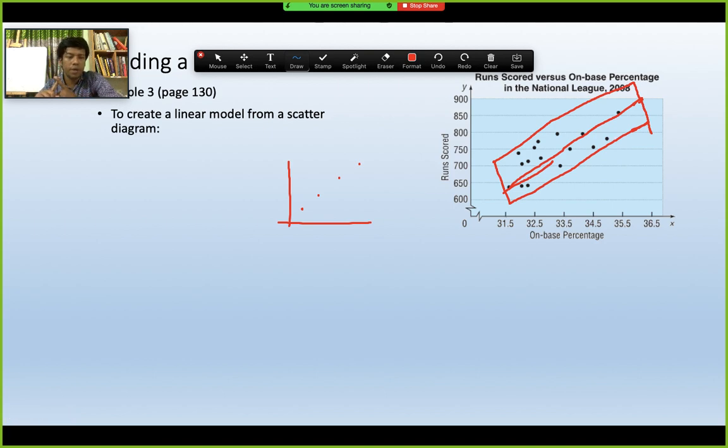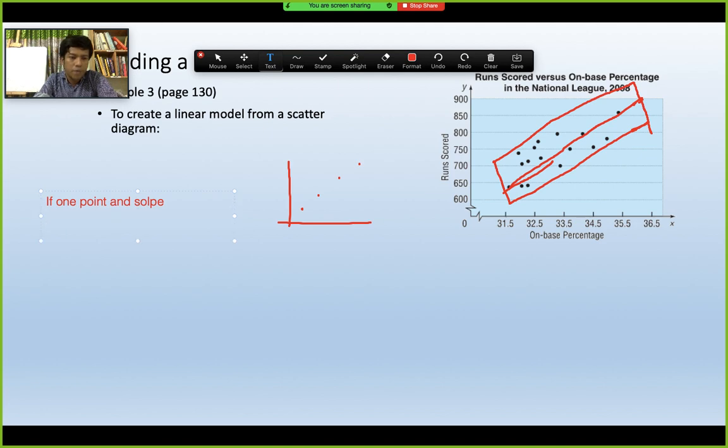So remember, we have the point-slope form of the equation. If one point and slope are given, then we can find the equation of the line. Or if we have the y-intercept and slope, then we can find the equation. So basically there are two very easy ways. One is if you have one point and slope, then you can find the model.